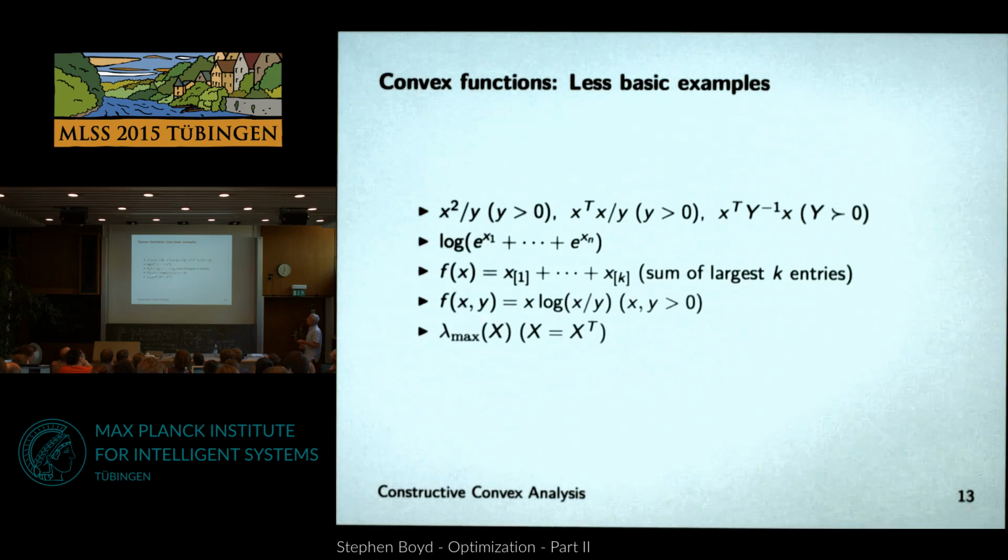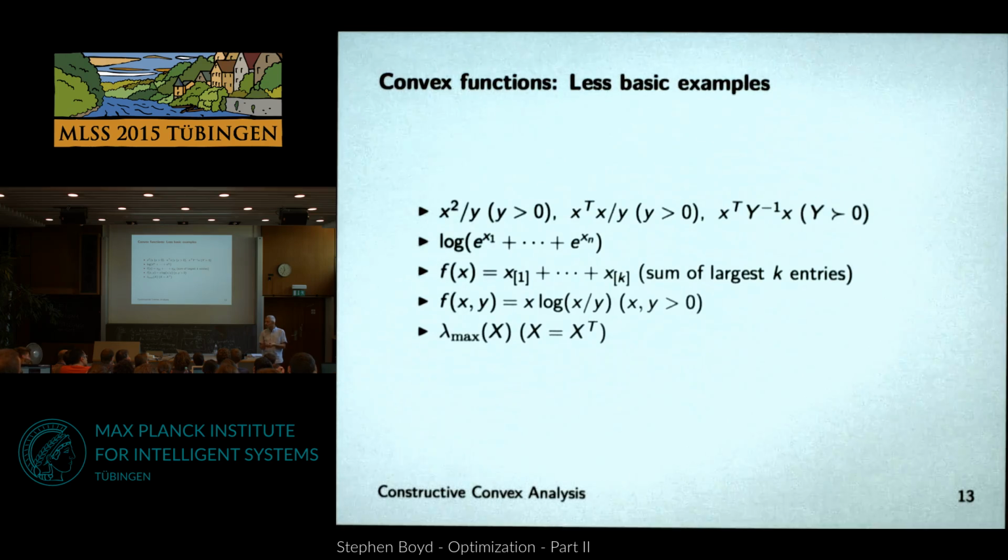Here's one. The maximum eigenvalue of a symmetric matrix is going to be convex. By the way, that's an incredibly complicated function. How do you find it? In theory, you take the matrix X, form the characteristic polynomial, and factor it.